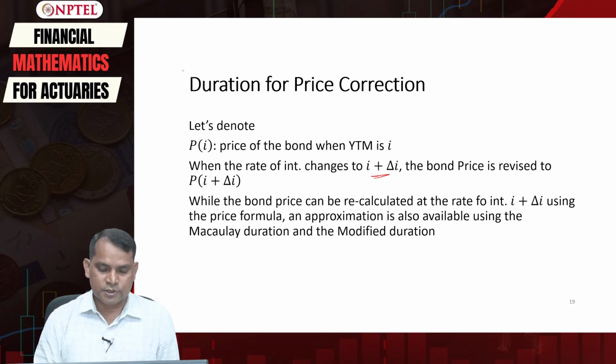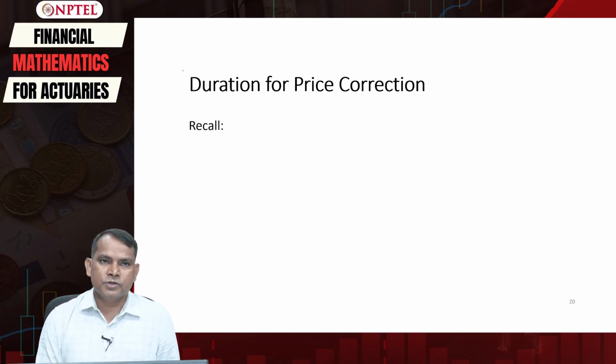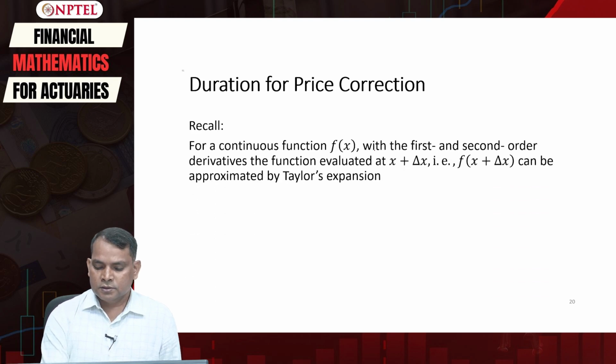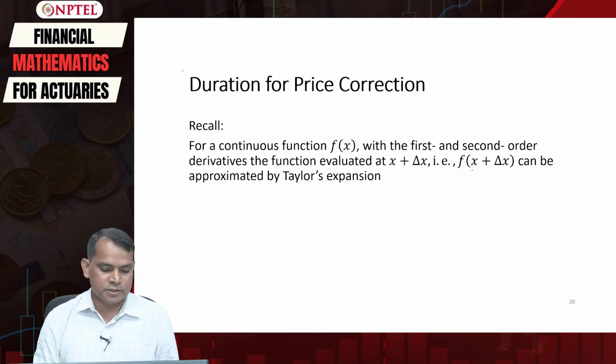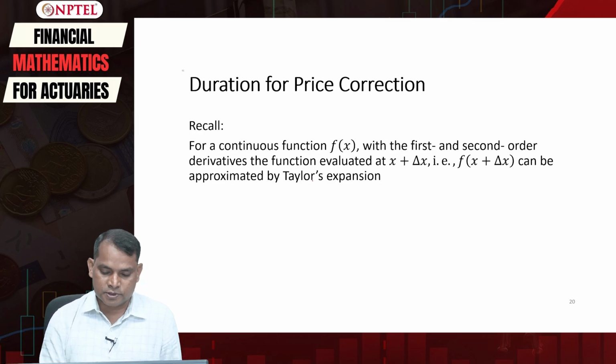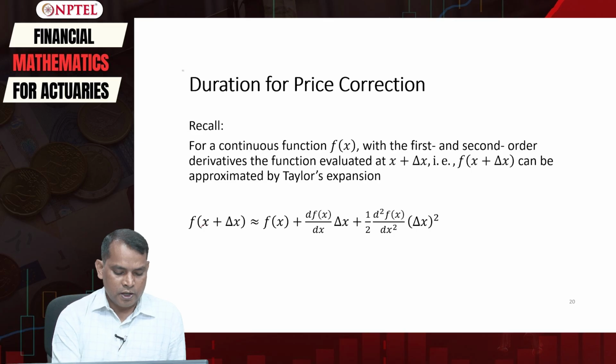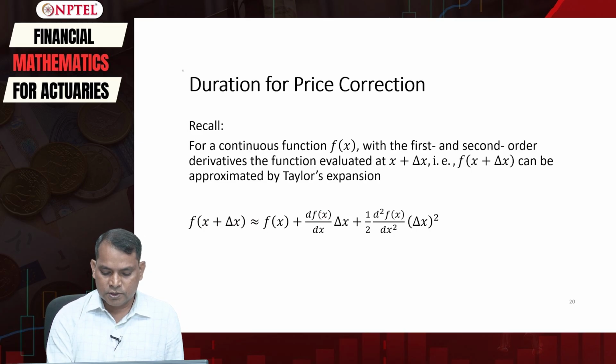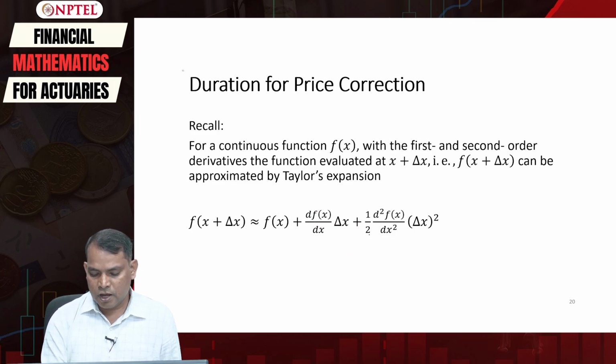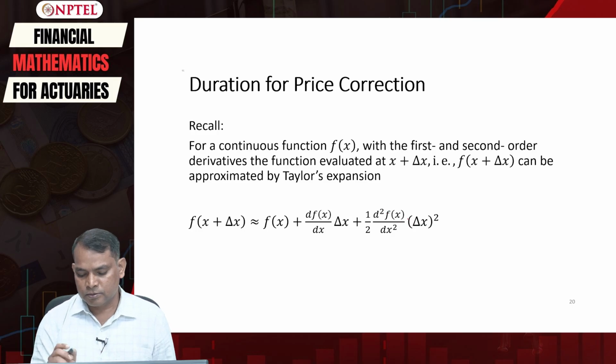For a continuous function f(x) with first and second order derivatives, the function evaluated at x plus delta x, that is f(x plus delta x), can be approximated by a Taylor expansion. Let us write it this way: f(x plus delta x) is approximately equal to f(x) plus the first derivative of f times delta x, plus half of the second derivative of f multiplied by delta x squared.